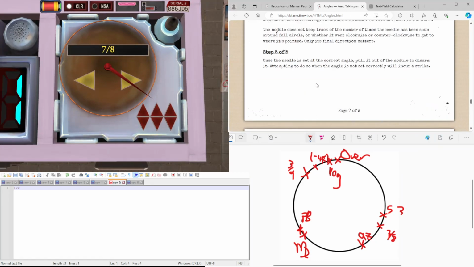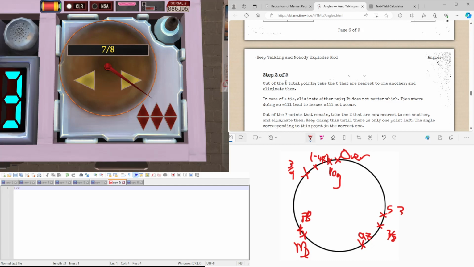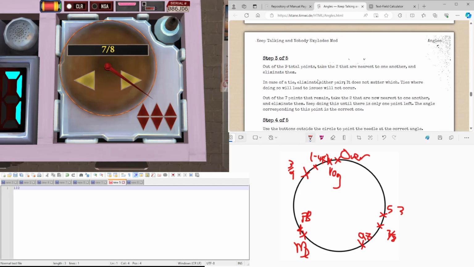Okay, so now we go to step 3. After 9 total points, take the 2 that are near to each other and eliminate them, and then we keep on doing this until we have 1 left. So from what we figured out, the closest 2 I think are Pole Bottom and the Virgo sign. So we can eliminate these 2.